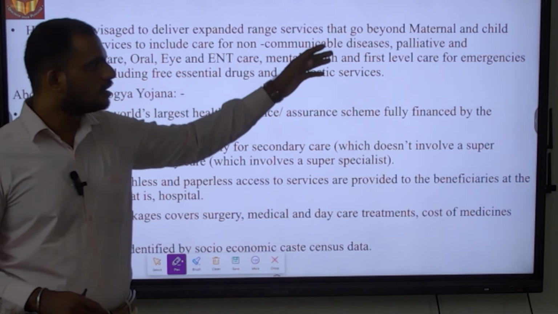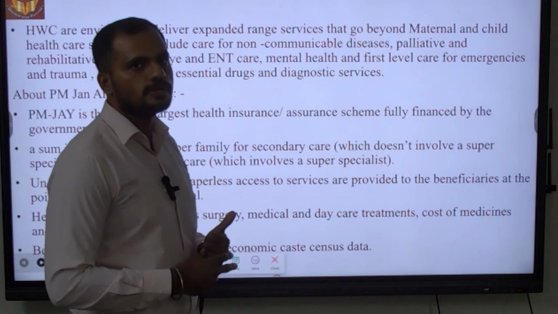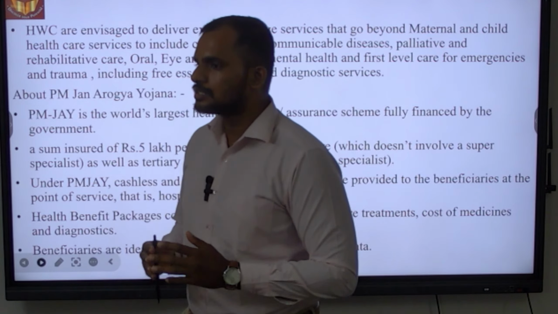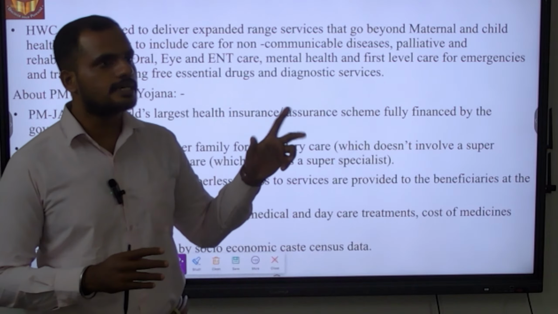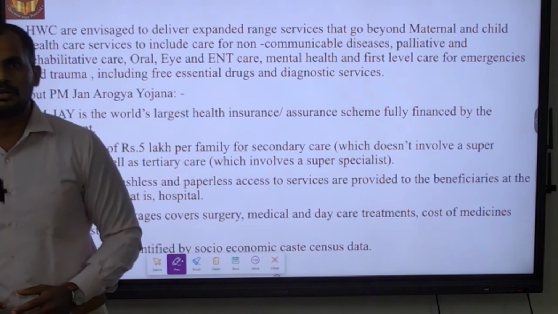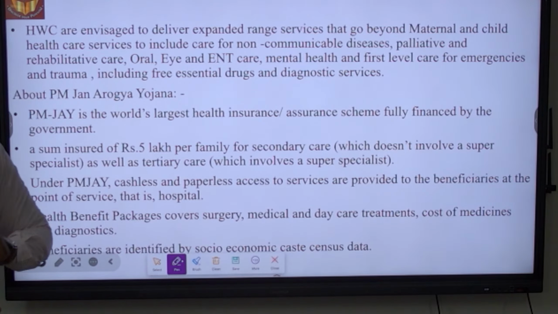Initially, the role of the primary healthcare system was limited to maternal as well as child healthcare only. But under this program, they wanted to expand the scope of primary healthcare to include these other functions, so that primary healthcare will function as a comprehensive system rather than a discrete or piecemeal approach.